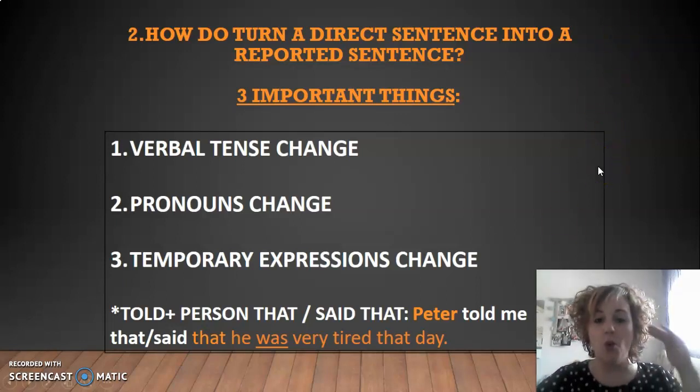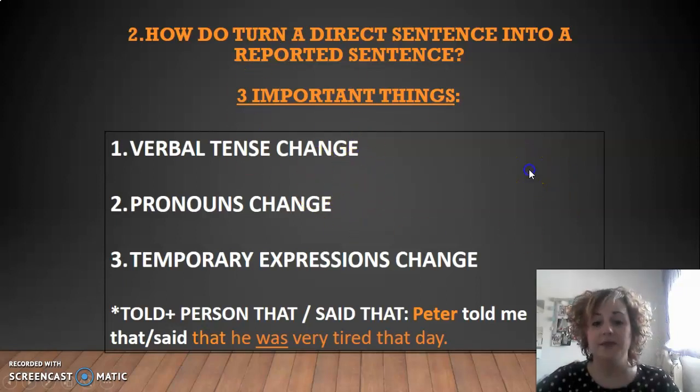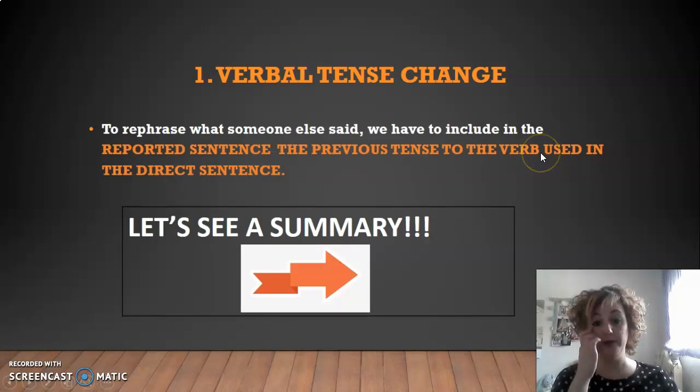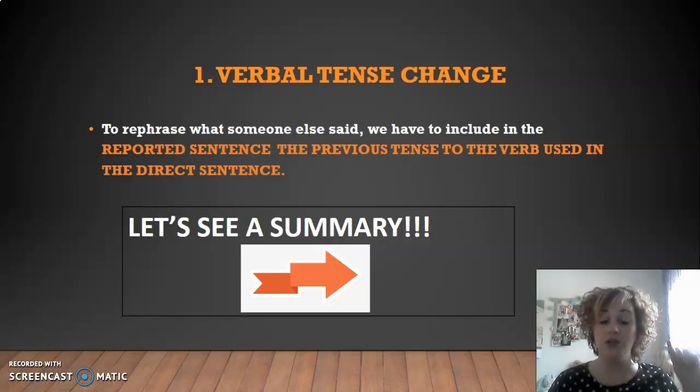Let's see now, one by one, how these changes are made. For example, the verb tense change. It says, to rephrase, to say what someone else, another person, said before, we have to include in the reported sentence the previous tense to the verb that was used in the direct sentence. Okay, so let's see a summary of this.